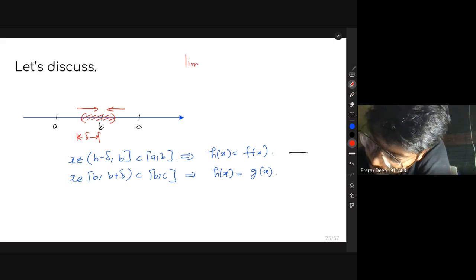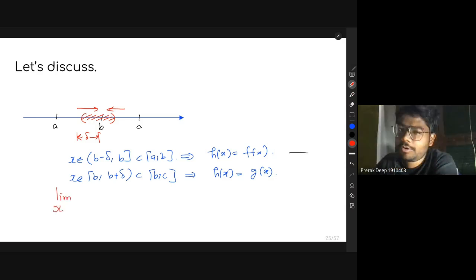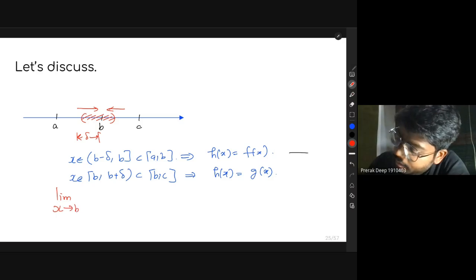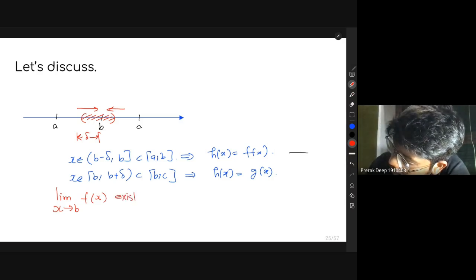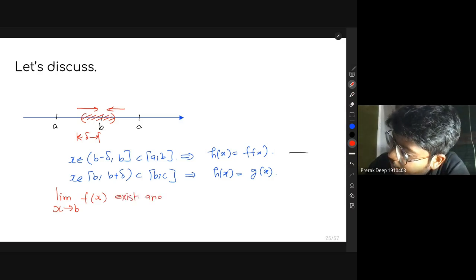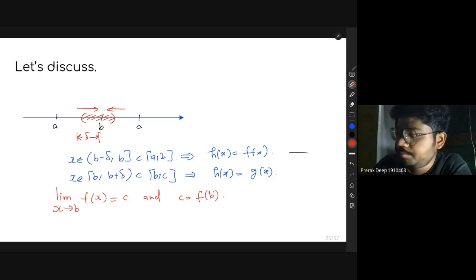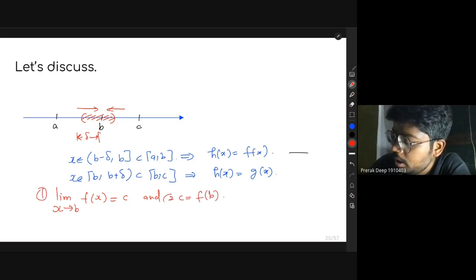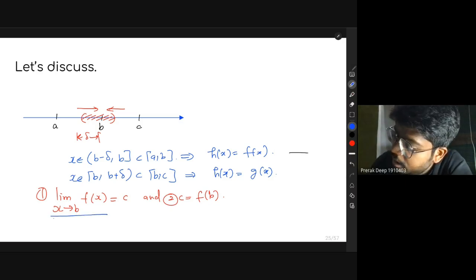Also, just recall the definition of continuity at a point. We say it to be continuous if this limit exists, and if this limit exists, let's say equal to some c, then this c is nothing but f(p). These are the two conditions that we need to follow. Before going into these two conditions, let us see what this limit is.